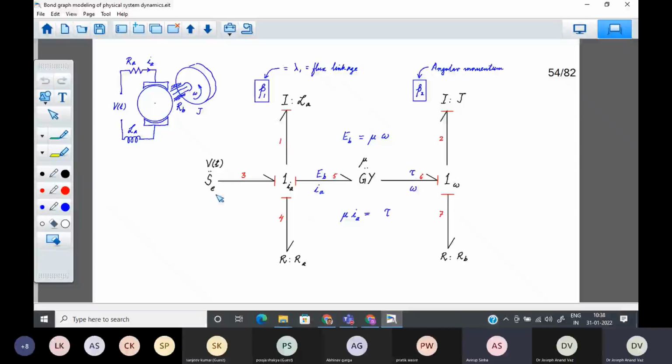So here there is the source of effort, which provides the potential difference Vt. On the electrical side, you have the armature inductance, La, represented by this I element, and you have the armature resistance given by this Ra.